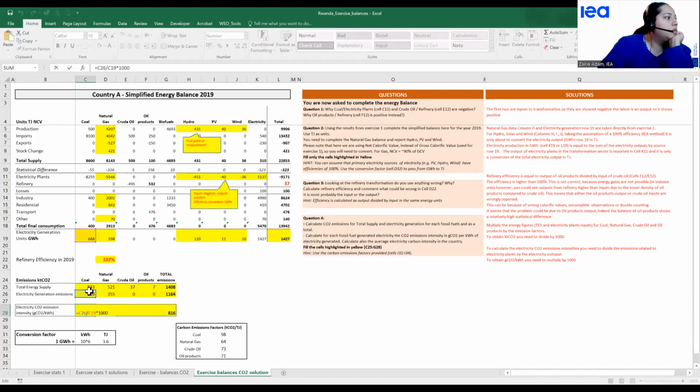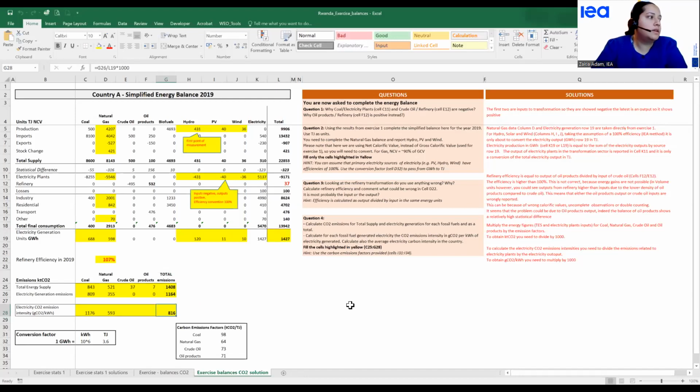You do the same for natural gas: electricity generation emissions divided by the output from natural gas electricity generation times 1000. And for the total, you take your total electricity generation emissions divided by your total electricity output times 1000.